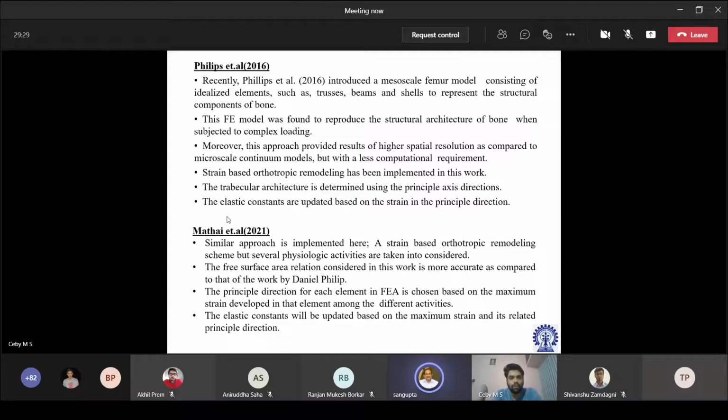If you add more activities, then you will have to take the averaging, because the trabecular architecture is not dependent on the physiological activity. So we are going for averaging element-wise, and we get the principal directions, and the elastic constants are varied in that particular principal direction alone.